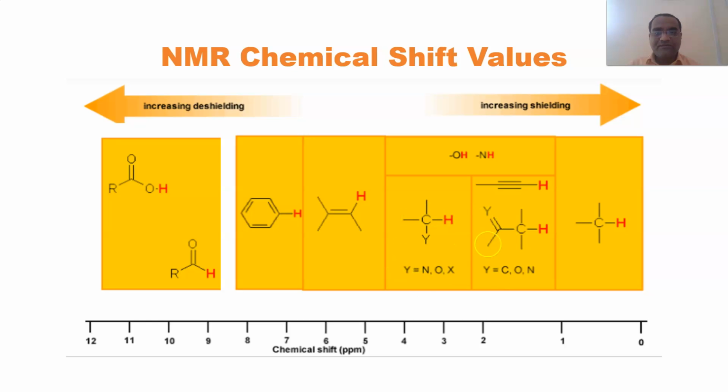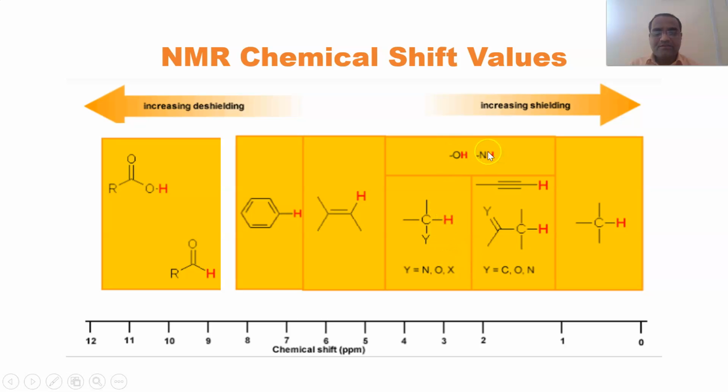Fluorine will always show de-shielding, and bromine will show a shielding type of effect. Here also the same thing applies: depending on the electronegativity, the proton will show different delta values.